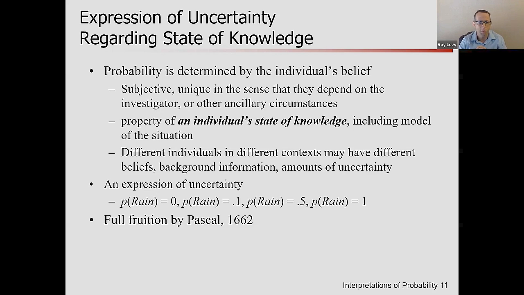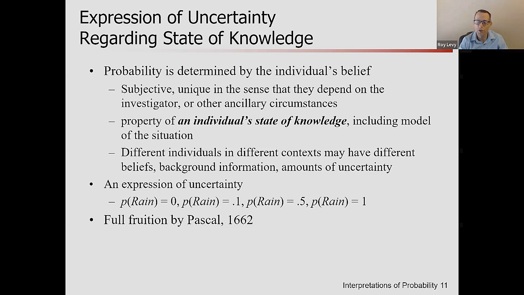Somebody else might say the probability of rain is 0.5, 50-50 chance. And still somebody else might say the probability of rain here is 1. It's certain to happen. We can't all be right. But these are all legitimate expressions of people's different beliefs. That is, these are meaningful statements.